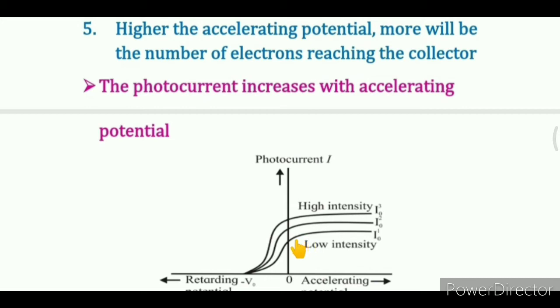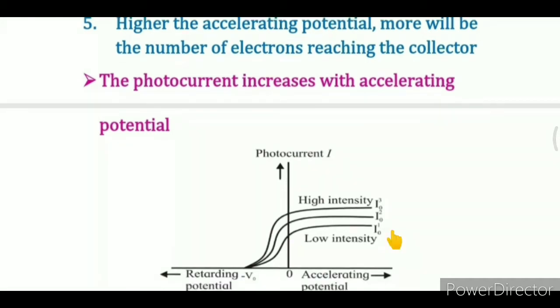As the accelerating potential increases, the photoelectric current also increases initially. Here we have kept the collector at a higher potential than the emitter plate, because of which more electrons reach the collector plate, and hence the photoelectric current increases.